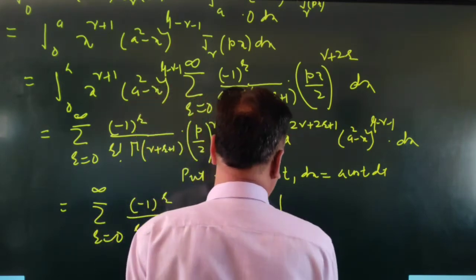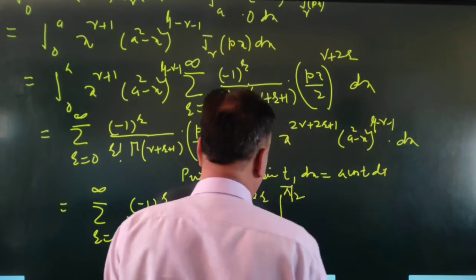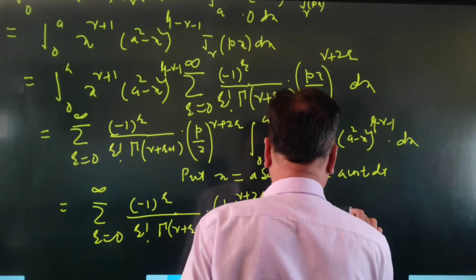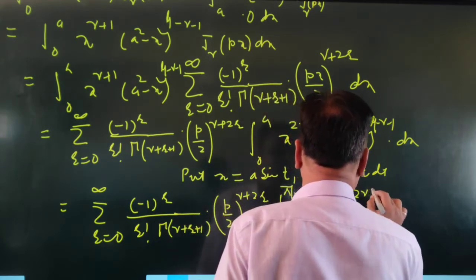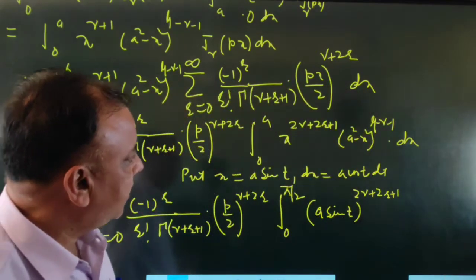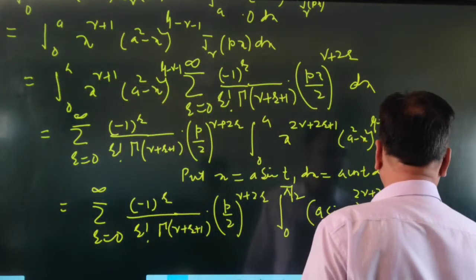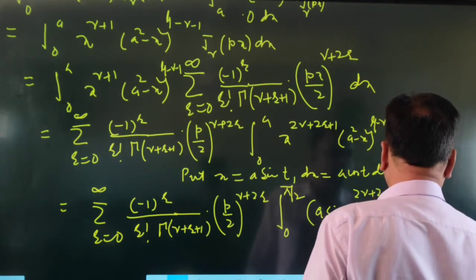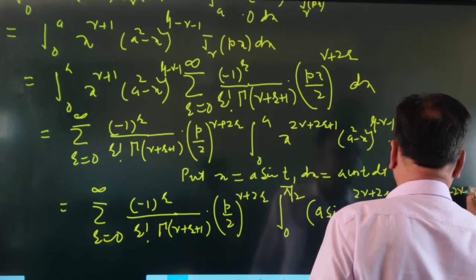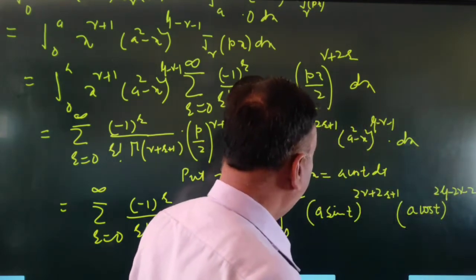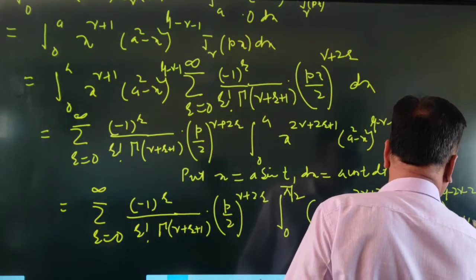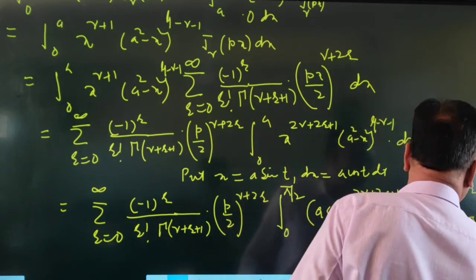Substituting the values, the limits of integration are 0 to pi by 2, x is a sin t, raised to 2 nu plus 2r plus 1, a square minus x square is a square cos square t, so this is (a cos t) raised to 2 mu minus 2 nu minus 2, into dx, that is a cos t dt.